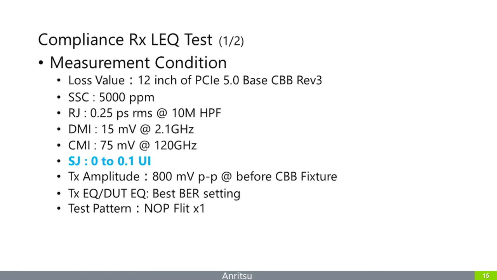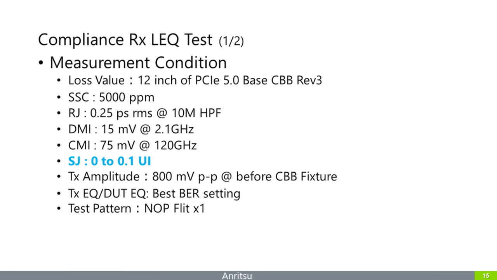Then last measurement is almost the same condition, but it is under the compliance test. It's still a draft of receiver compliance test. So this is a kind of nominal numbers using 12-inch PCIe 5 base ISI, that is almost 12 dB loss. Inject SSC 5000 ppm. Inject RJ 0.25 picosecond RMS, that is almost 150 milli peak to peak.